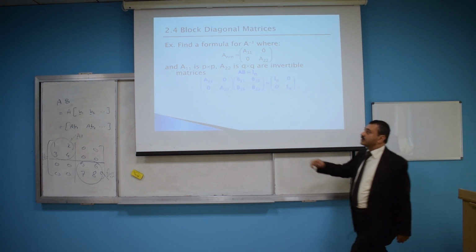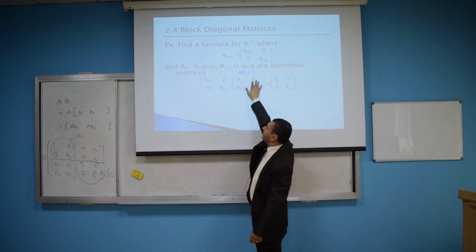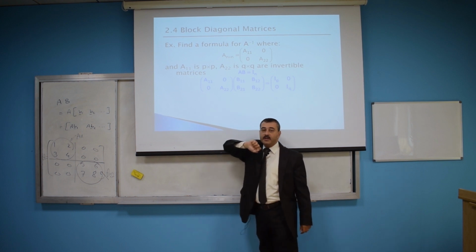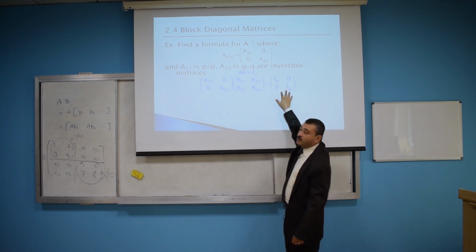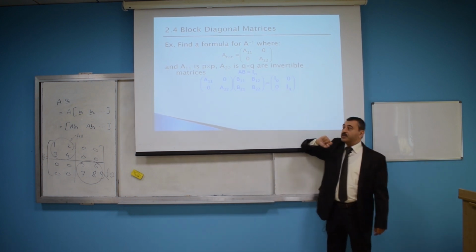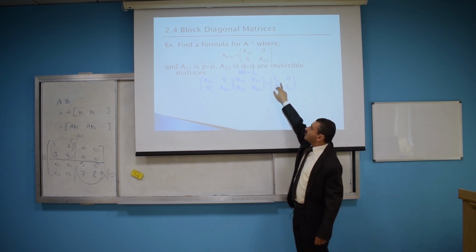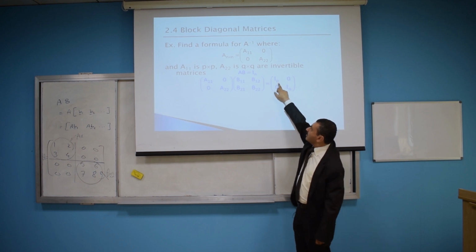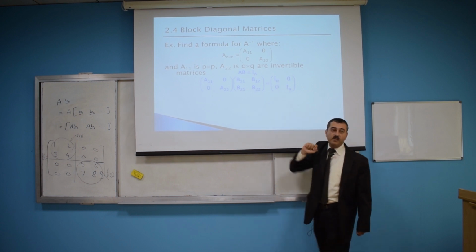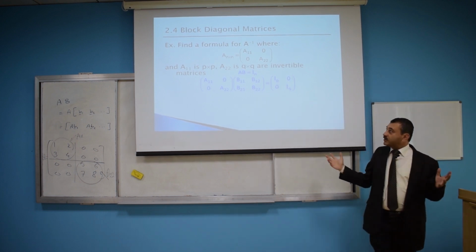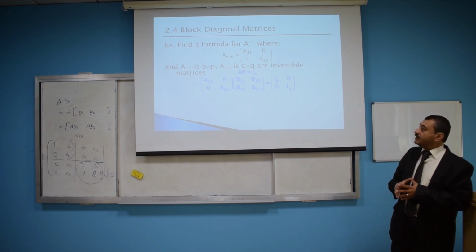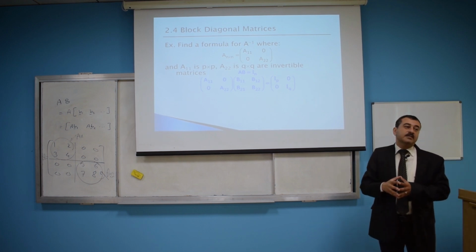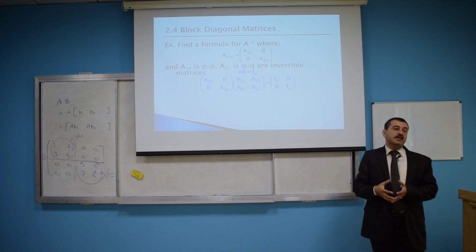So partition the B matrix to have 4 blocks similar to A, and partition also the identity matrix to be of dimension corresponding to the dimension of the blocks of A. So here you'll have IP and IQ. And let's do the multiplication and try to solve to find what?